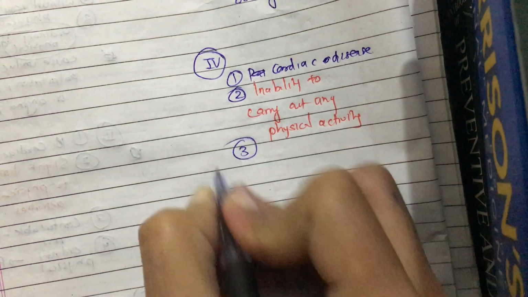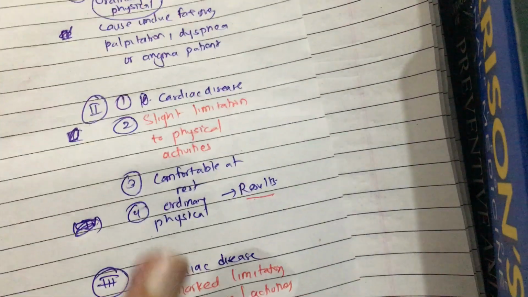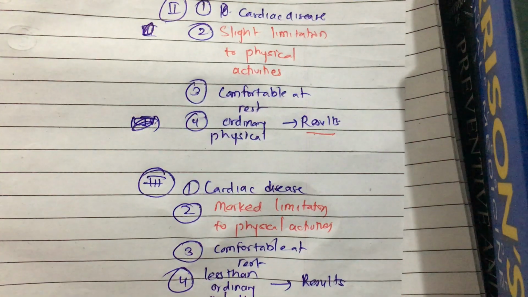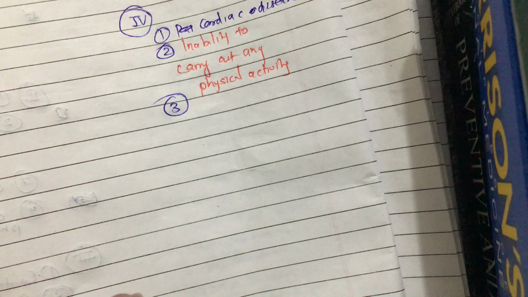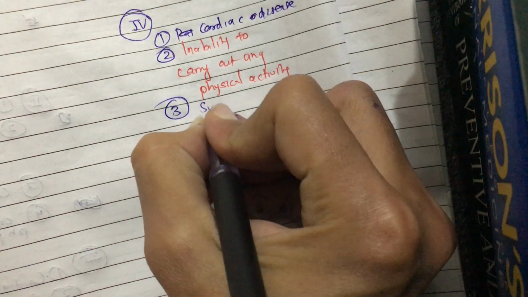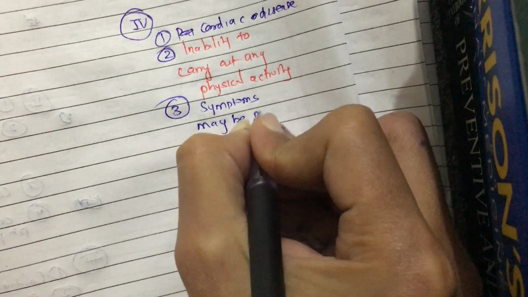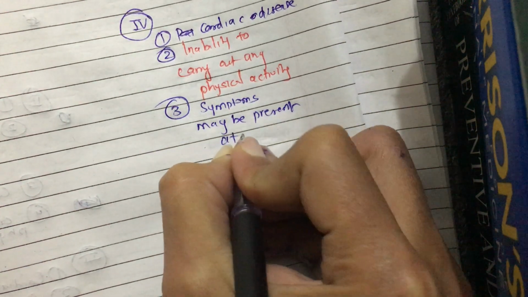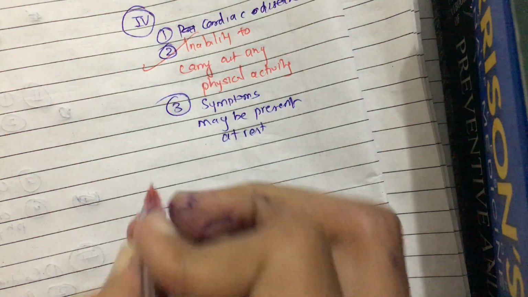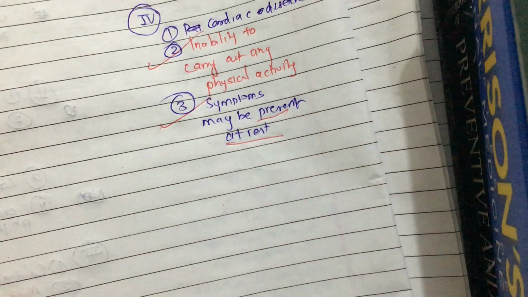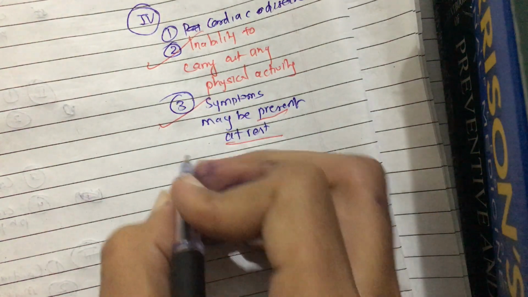Third, in NYHA classification 2 and 3, both these patients were comfortable at rest, but in NYHA classification 4, symptoms may be present at rest. Okay, this point is different. Inability to carry out any physical activity, symptoms may be present at rest. Okay, at rest also symptoms can be present.